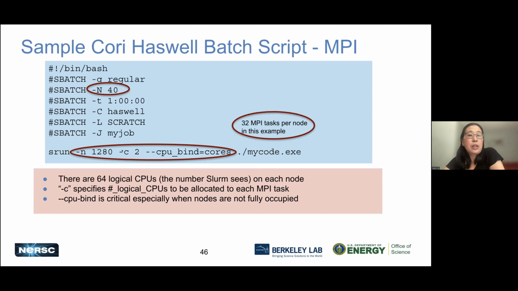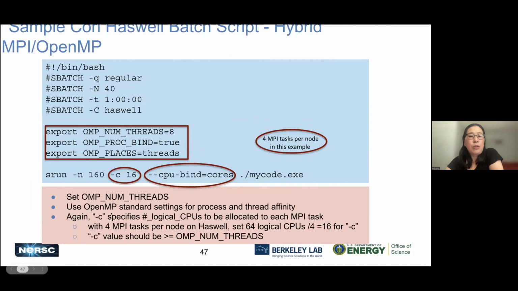And -c and --cpu-bind are critical so that your process binding to the physical cores is even, not wasted and not overlapping, so that they can be optimal. We'll tell you how to specify the number for -c here.